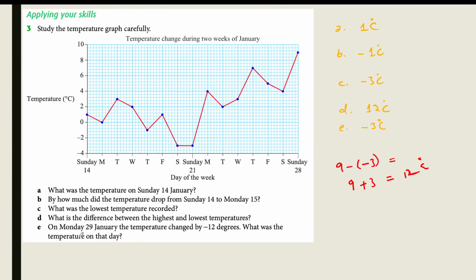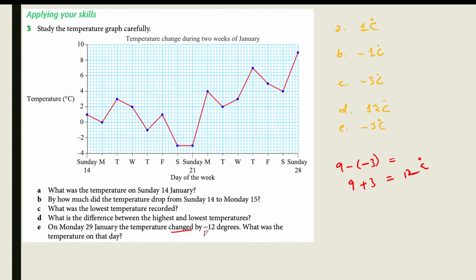The last part of the question is, on Monday 29th January, the temperature changes by -12 degrees. What was the temperature on that day? Here we have the data till Sunday 28th of January, but they're saying that on Monday 29th of January the temperature drops by 12 degrees. We have used the word changed by a minus sign.